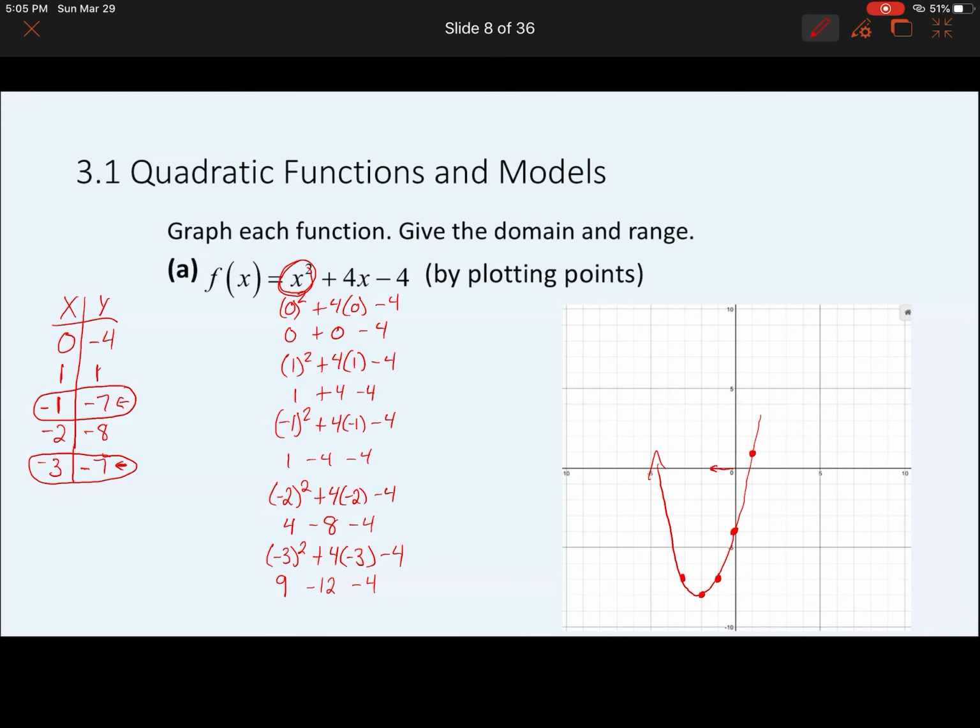Now, why are these 2 points here and here important as I'm doing this? Well, the reason is because when I see that y value repeat, I know that this graph has reached its minimum point, its vertex, and it's now going the other way back up. Because we know it's symmetric, right?